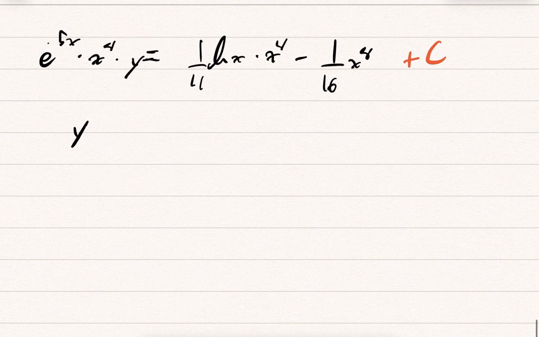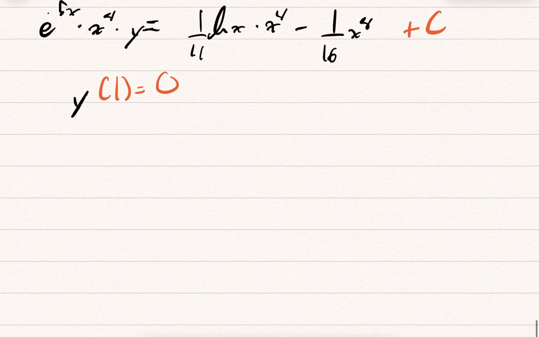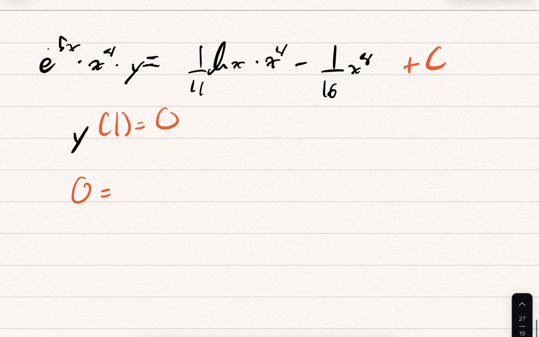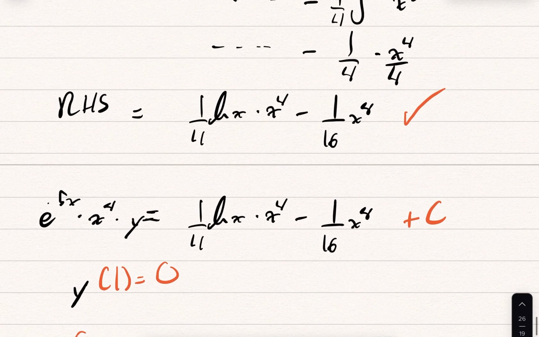So we have our initial condition of y at 1 equals 0. Why is that like that?